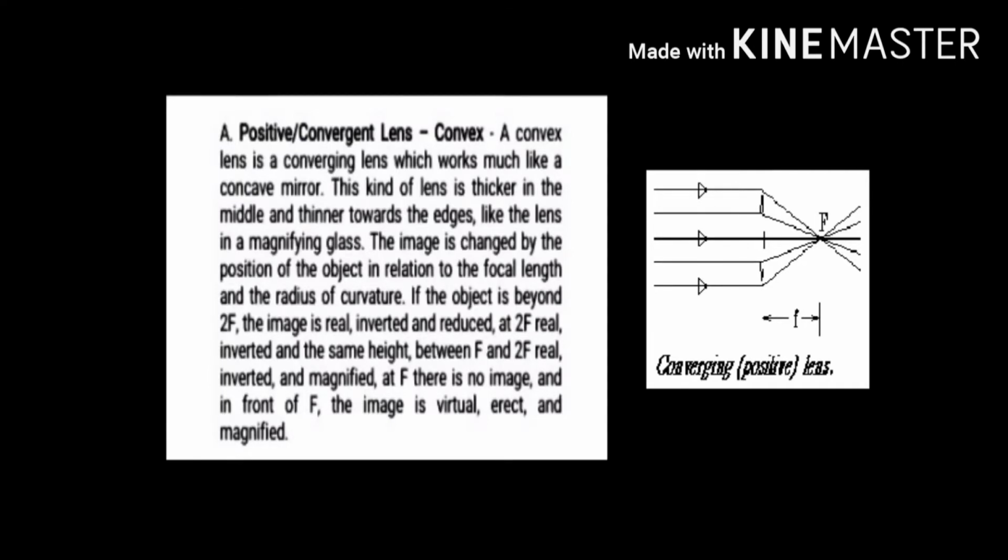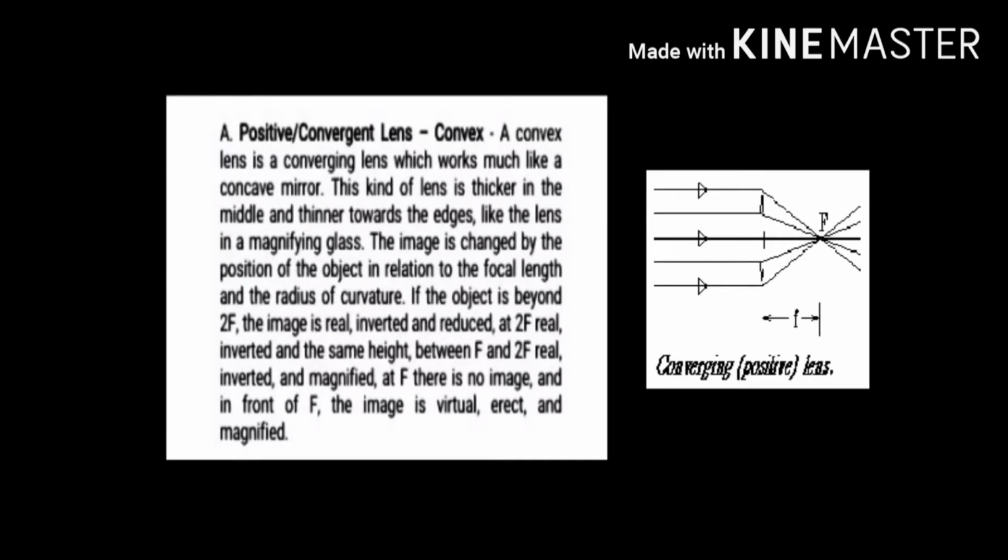A convex lens is a converging lens which works much like a concave mirror. This kind of lens is thicker in the middle and thinner towards the edges, like the lens in a magnifying glass. The image is changed by the position of the object in relation to the focal length and the radius of curvature.